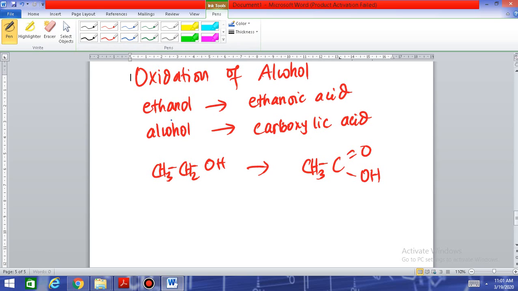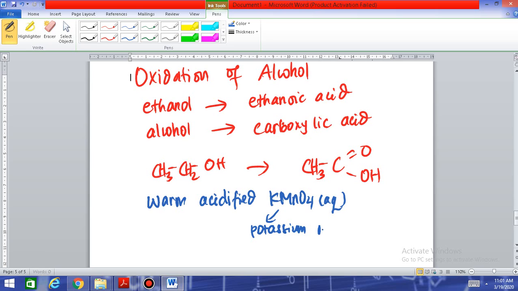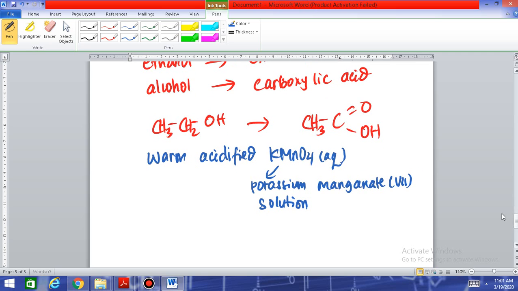The reagent needed is warm acidified potassium manganate 7 solution. And the other condition needed is heat.